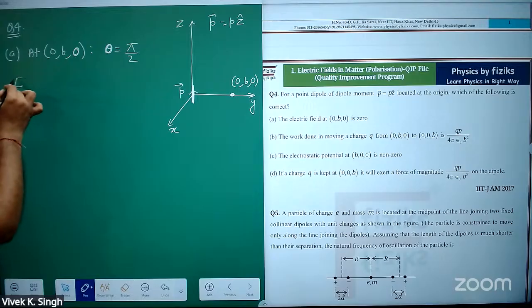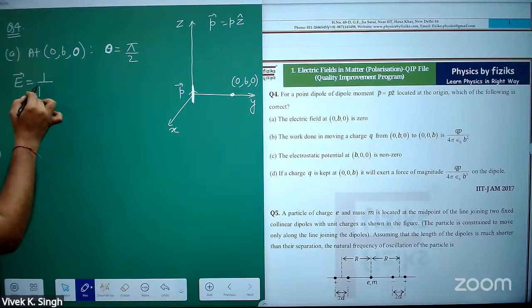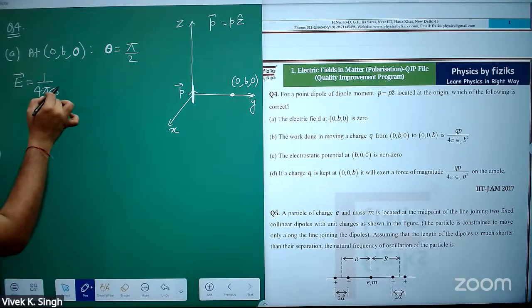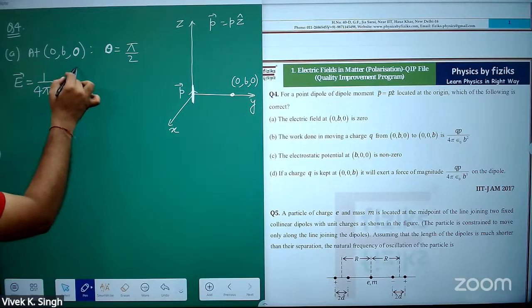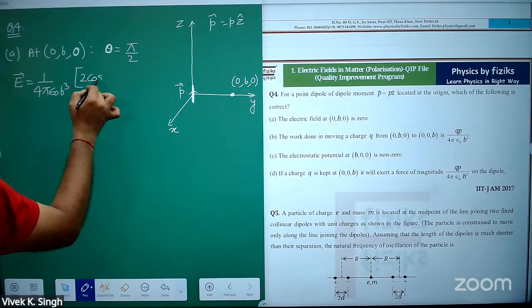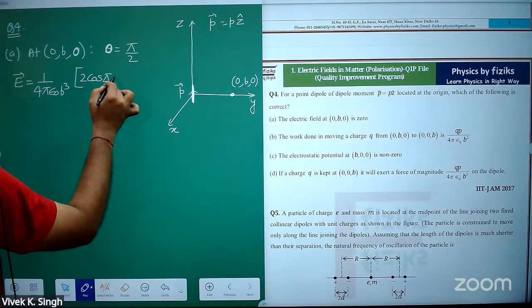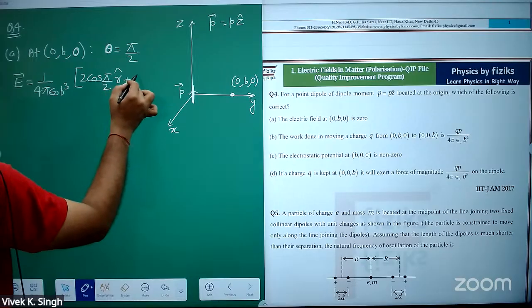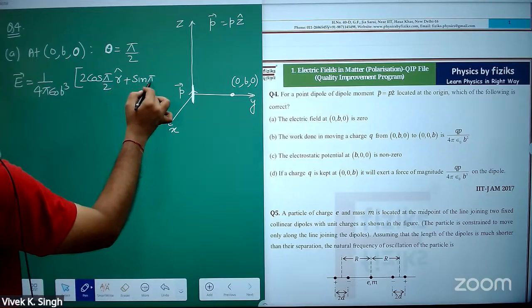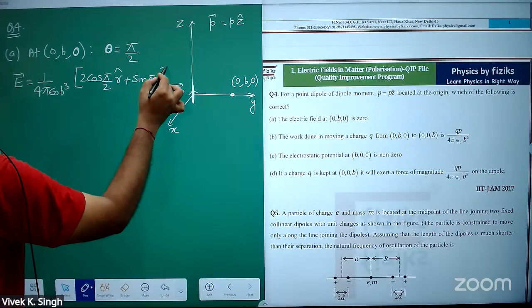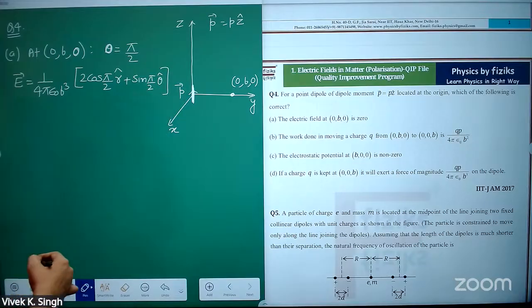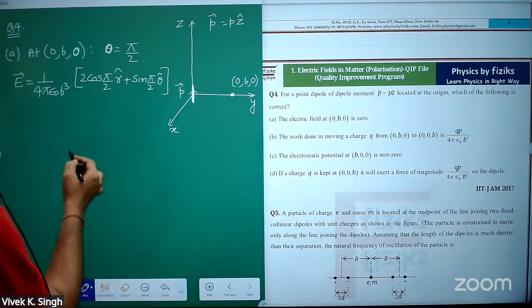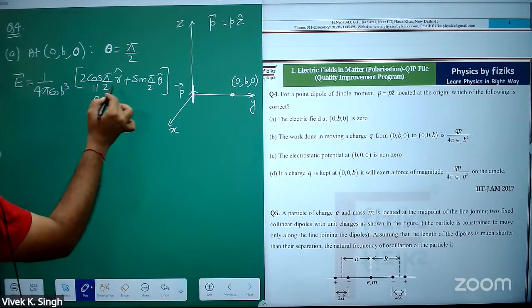So electric field is given by 1 by 4 pi epsilon naught B cube, P times [2 cos pi by 2 r cap plus sine pi by 2 theta cap]. So cos 90 is 0, but sine 90 is 1.